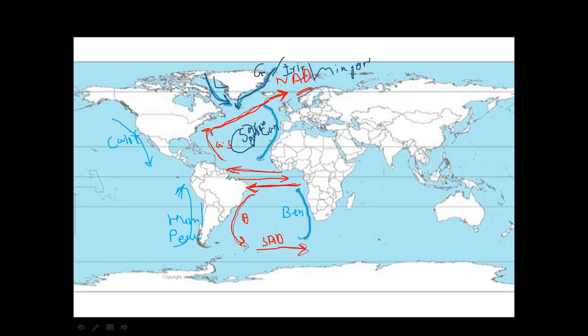Going by this same logic, we will have this equatorial current, north equatorial, south equatorial current, counter current. This north equatorial current will go like this. It will form the Kuroshio current, and here it will form the East Australian current.